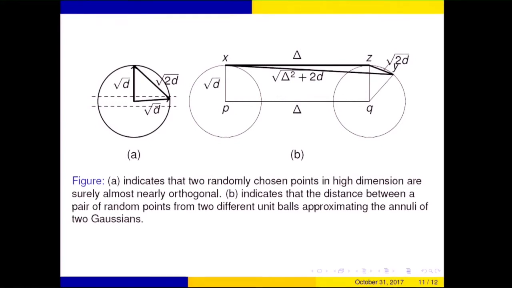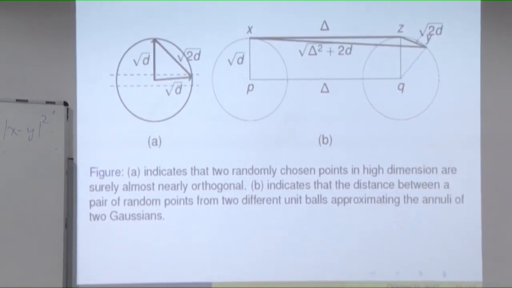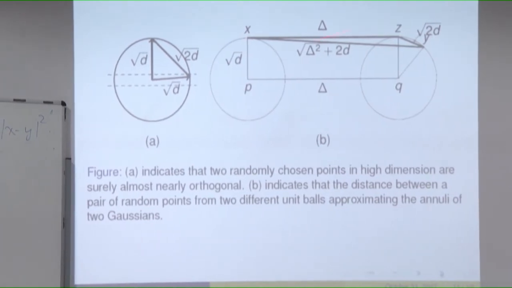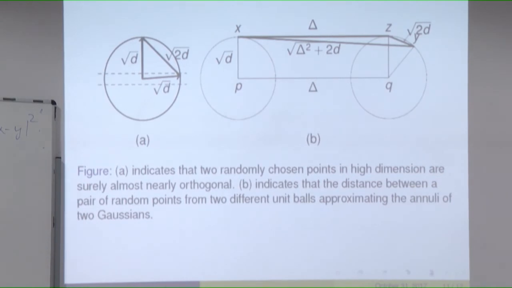So why is it almost 90 degrees? I want to claim that angle XPQ and angle PQY are both about 90 degrees. What theorem that we proved may tell us that?